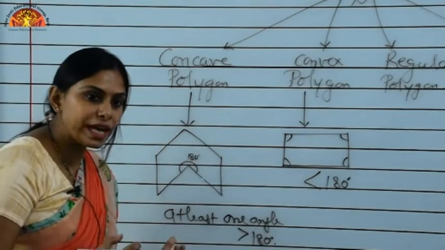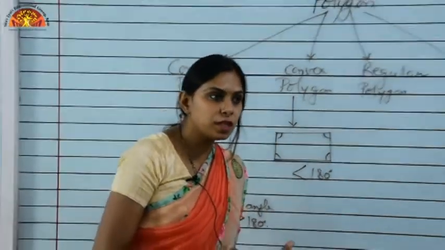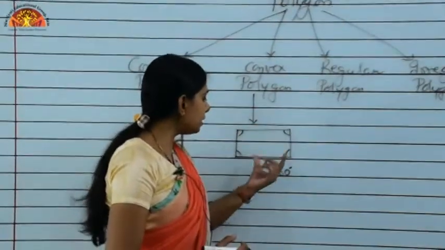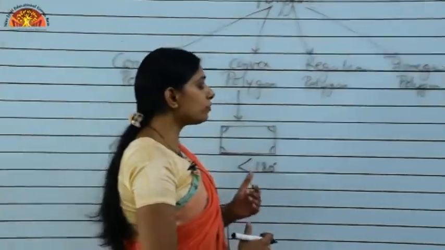At least one of the angles is greater than 180 degrees, and when we talk about the convex polygon, that means all the angles are less than 180 degrees.